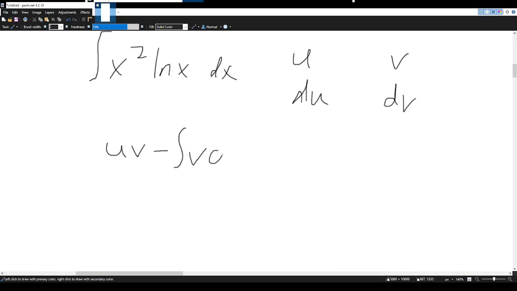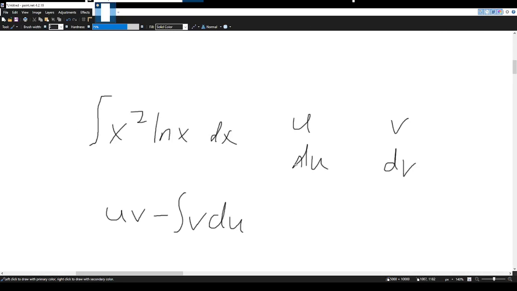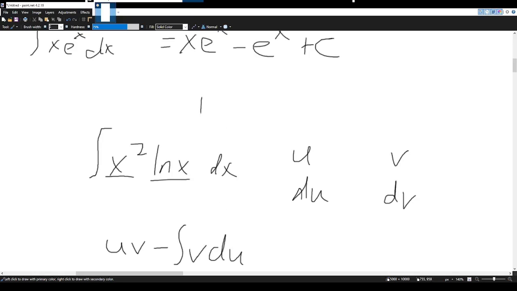Yeah. Okay, so we need u to be something that we can differentiate. So we can differentiate that. Can we differentiate the natural log of x? I think we can, right? I know this goes to 1 over x.